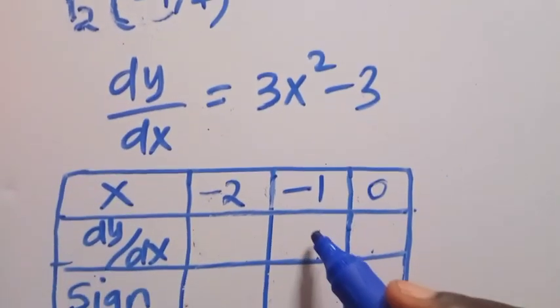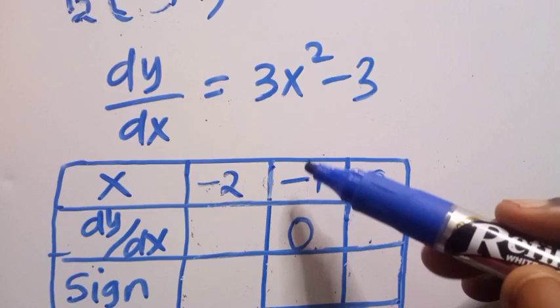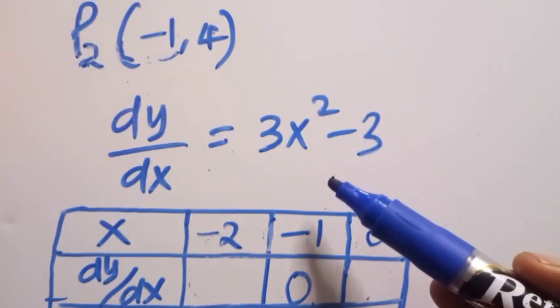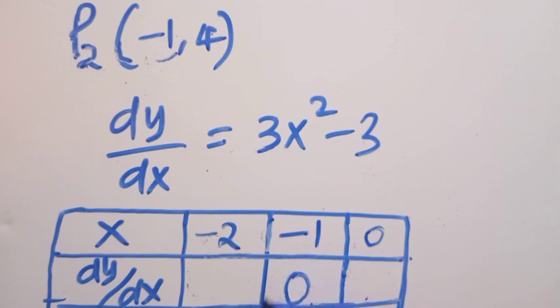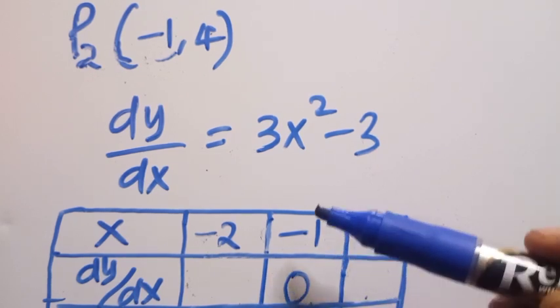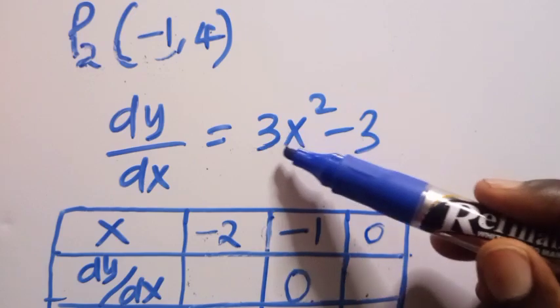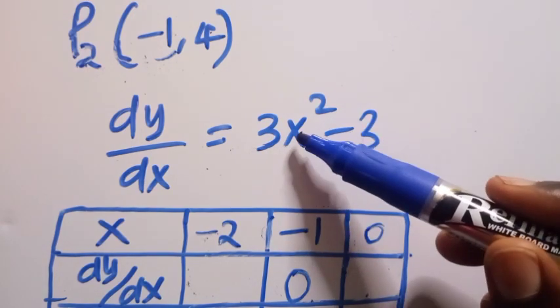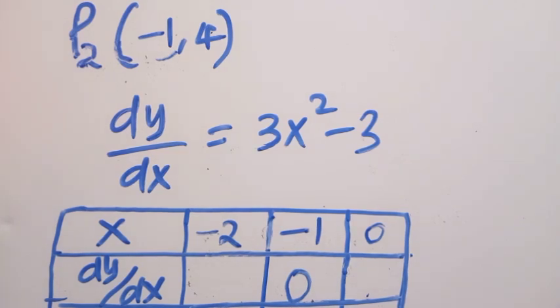So at the stationary point, negative 1, 4, dy over dx is 0, because if we substitute negative 1 here, it will be 3 into negative 1 squared, which is 1 times 3 is 3, minus 3 is 0.